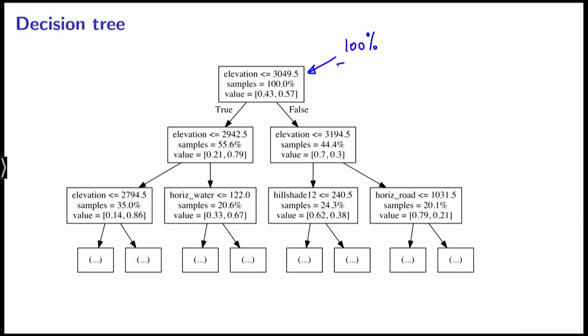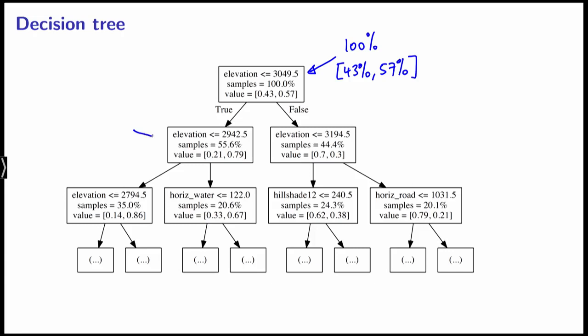And of this data, 43% is from class 1, and 57% is from class 2. The split at that node uses the question, is elevation less than or equal to 3,049.5 feet? If the answer is yes, it goes to the left. If the answer is no, it goes to the right.